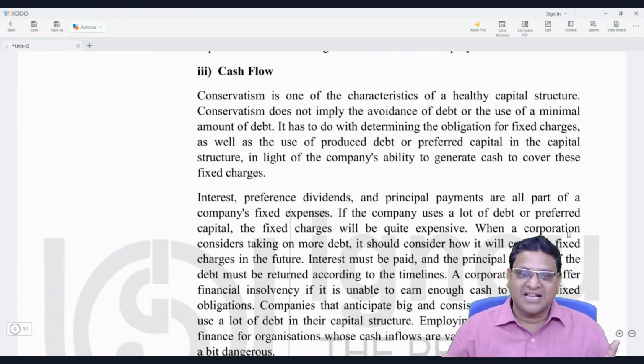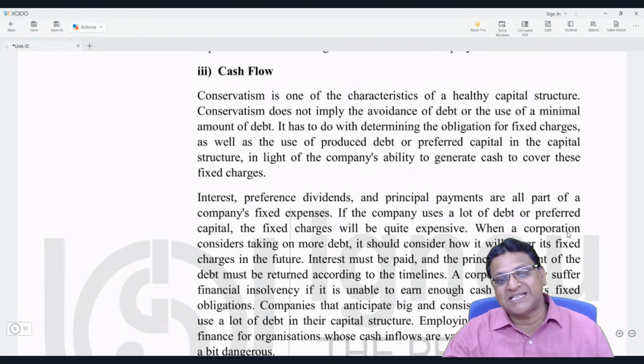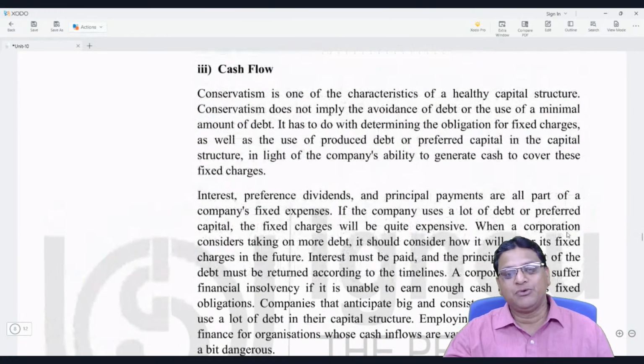So if the cash flow pattern of your business is constant, stagnant, consistent, predictable, you must use more and more debt capital. But if the cash flow of your business is fluctuating, unpredictable in nature, then you should not use more and more debt capital, because there is a risk of non-payment of debt service. There is a risk that you cannot pay the interest and principal in due time.